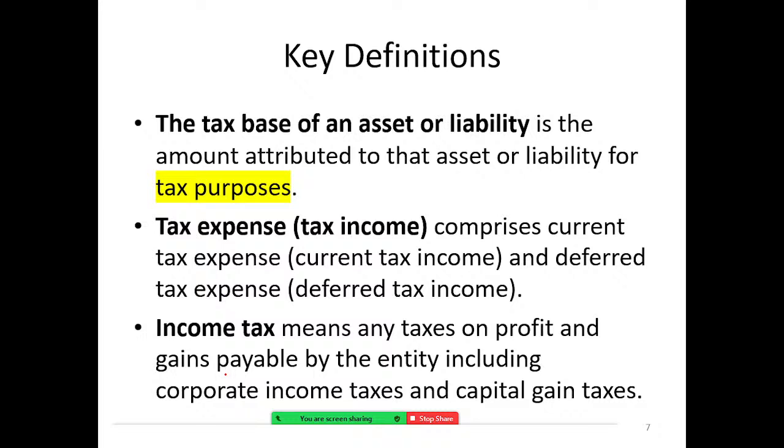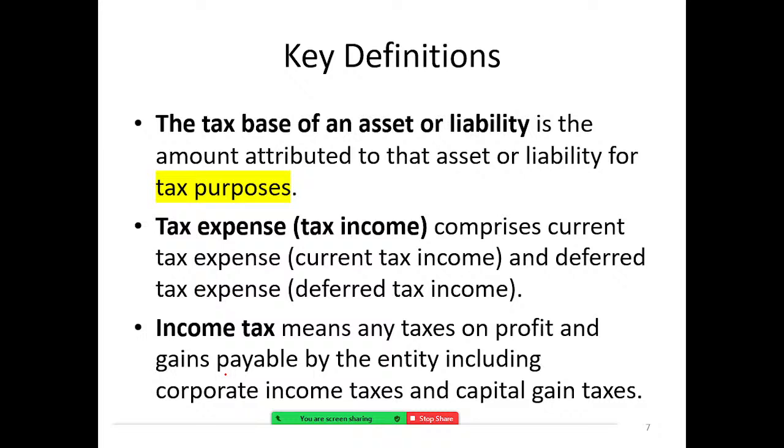Right. Tax expense. What's a tax expense? The amount of tax you have paid, or the amount of tax the entity has paid. The tax expense comprises current tax, current income tax, plus deferred tax expense. So as I mentioned, total tax, but here we mention tax expense. Tax expense equals current tax plus deferred tax.